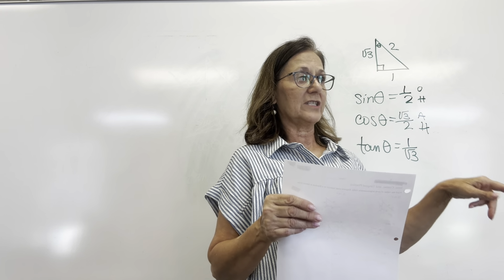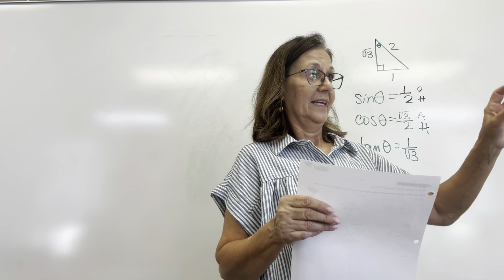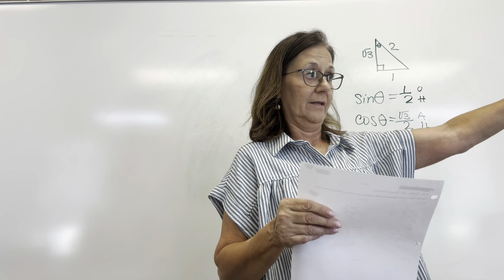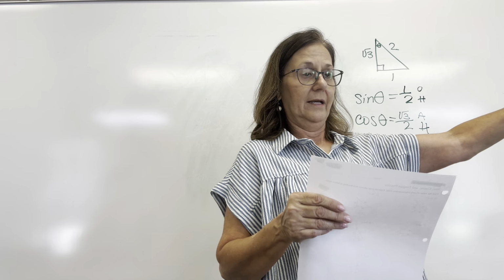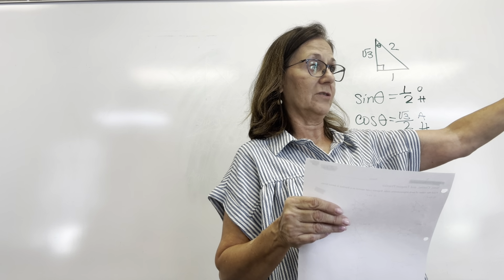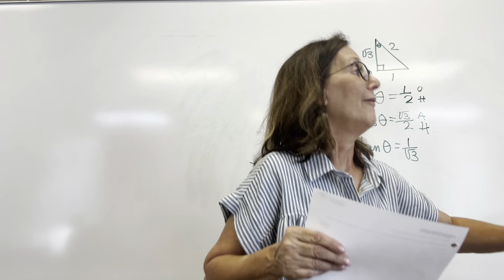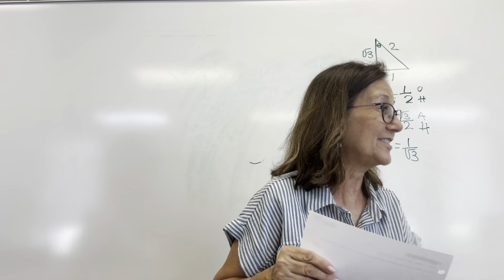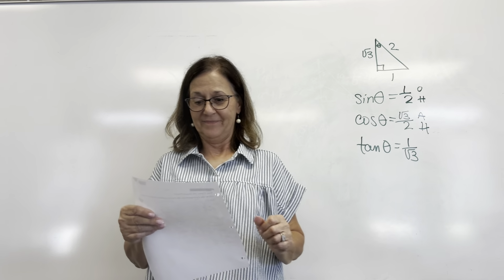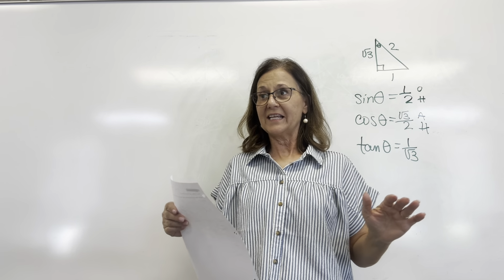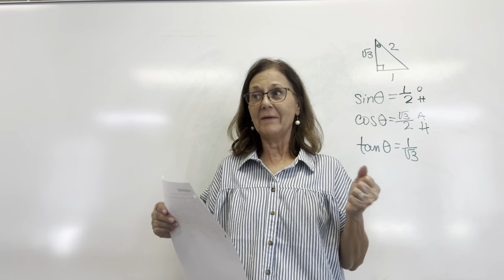So if we're looking at angle C, what's the opposite? Is it 30 over 40? 30 is opposite angle C. 30 over 40. Yes. Do you see that? Does everyone see this?